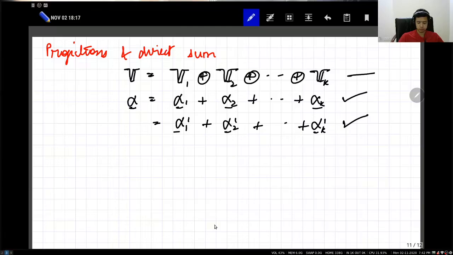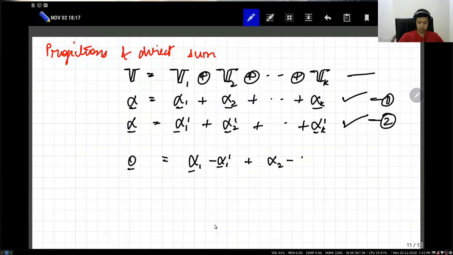Now if you look at the difference between the two, so we have alpha equal to the first equation and alpha equal to the second equation. If I take the difference between the two equations, then I get the 0 vector equal to alpha 1 minus alpha 1 prime plus alpha 2 minus alpha 2 prime, and so on, right? And if for at least one i, alpha i is not equal to alpha i prime, then it means that I have a sum of vectors, each of which comes from Vi.